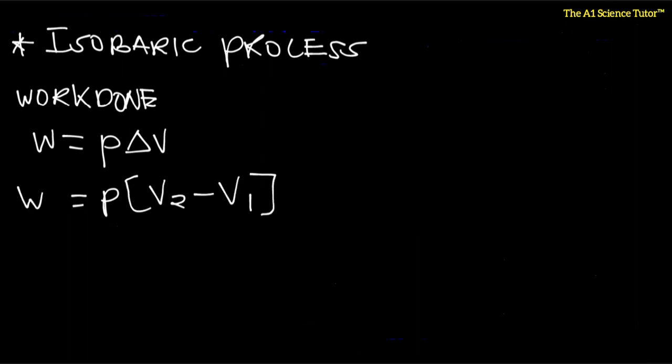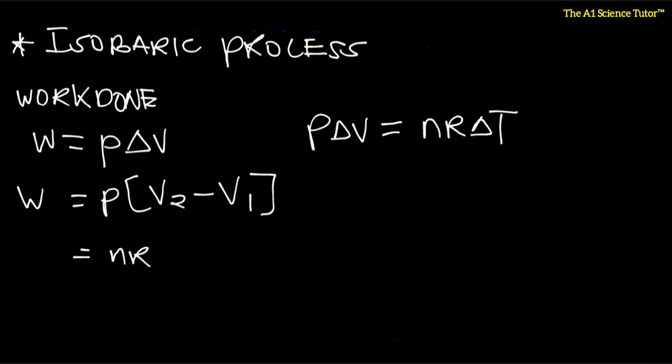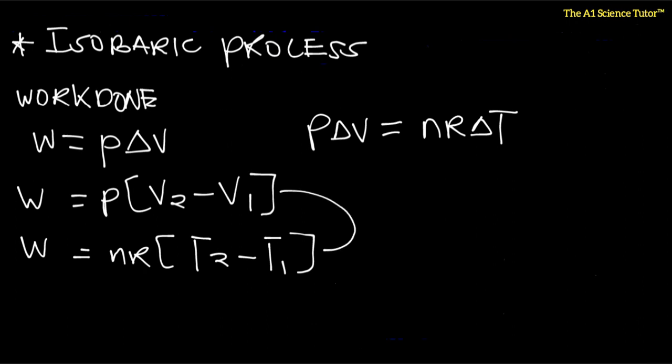If you know what the constant pressure is and what the two volumes are, you could take the change in volume and multiply it with the pressure, and that will give you the work done. We also know that P dV is the same thing as nR dT, which is going to be T2 minus T1. This could also be used, because this is equal to this.